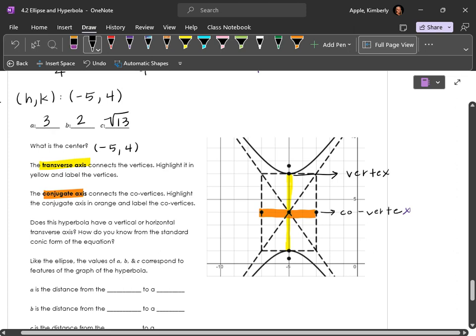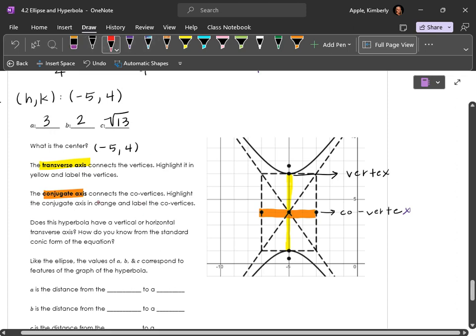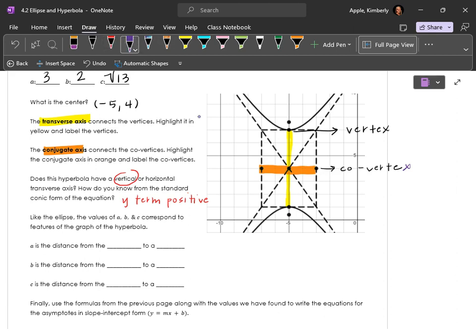So does this hyperbola have a vertical or horizontal transverse axis? Vertical. How do we know from the equation? The y term is positive. Exactly. And this is what that looks like. So just like the ellipse, the values of a, b, and c correspond to certain distances inside of the hyperbola.